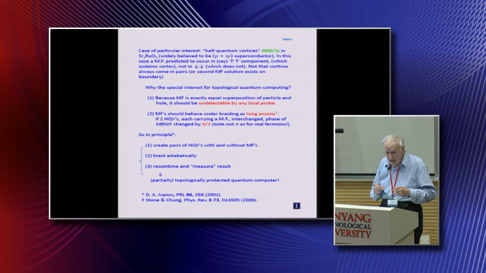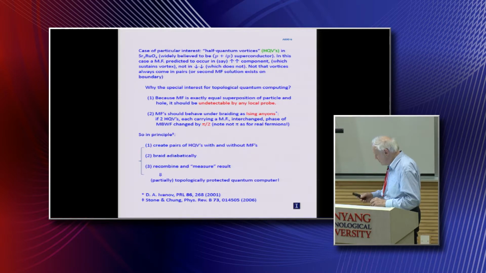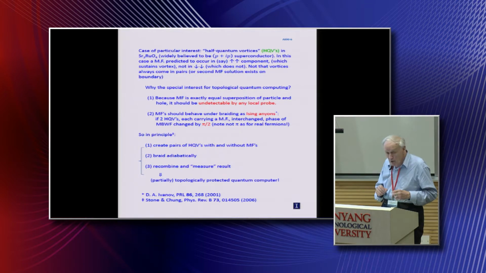If, on the other hand, we have two Majoranas sitting on these two vortices, one on each vortex, and we interchange them, then it turns out, at least according to the standard arguments given by Ivanov, this guy here, that we pick up a phase of pi over 2. Now, remember that if you were just to interchange two ordinary fermions, then you get a phase of pi. So this is different. You're getting a pi over 2.